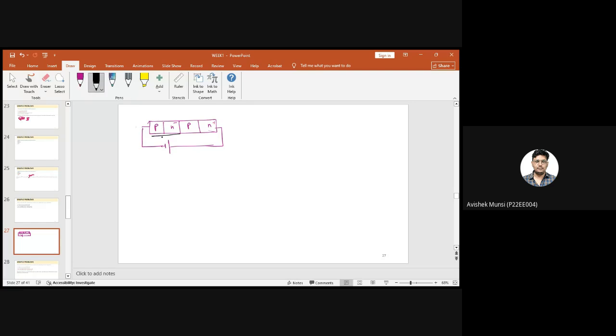One is J1, another is J2, another is J3. If we connect negative to the anode and positive to the cathode, then J1 will be in reverse bias.